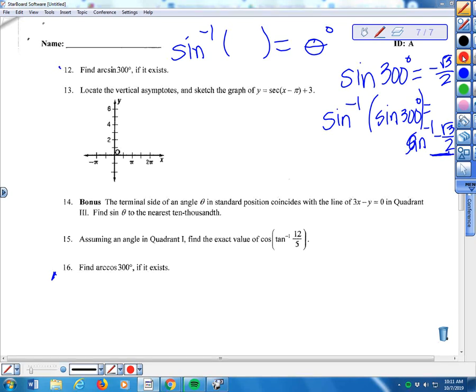So the asymptotes would have been at pi over 2, negative pi over 2. If I shift it pi, it's going to be here, right? Shift it pi. Will those be my new asymptotes?